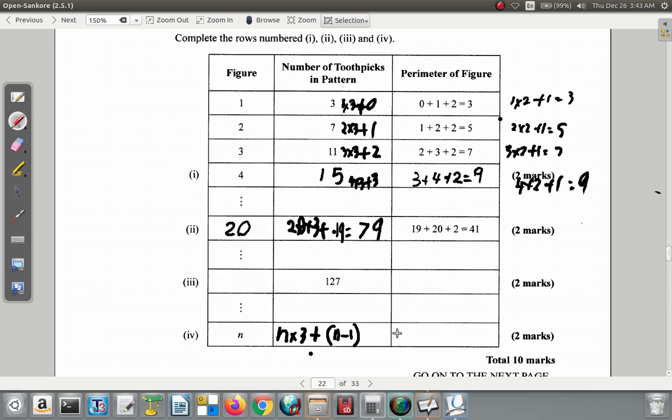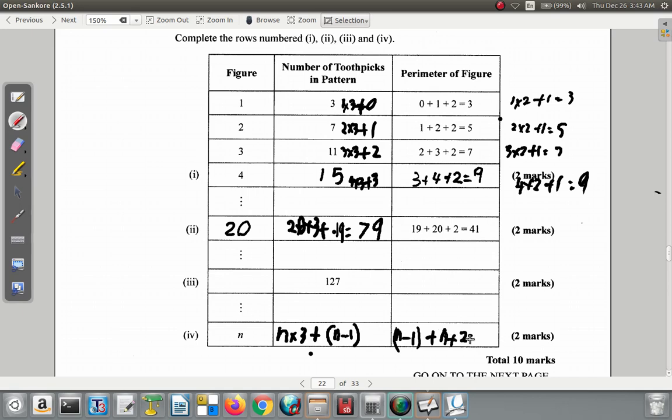So that's what really would be happening. What you have for this figure would be n minus 1 plus the figure number, n, plus the number 2, equals whatever it is.